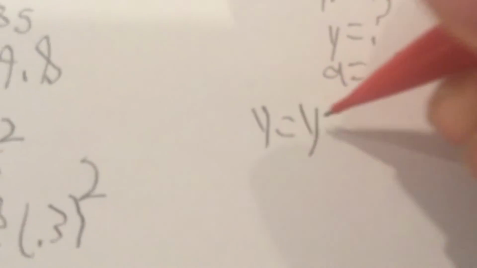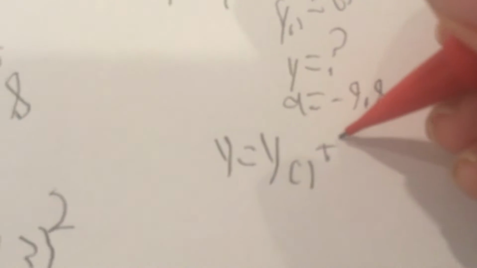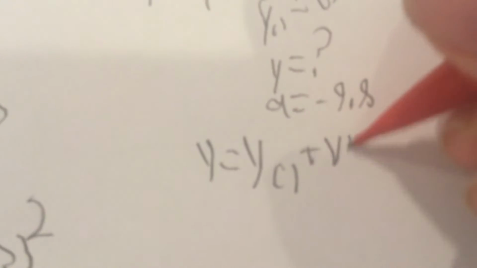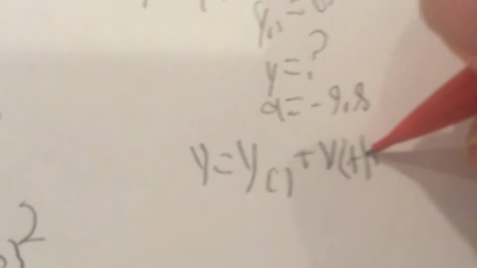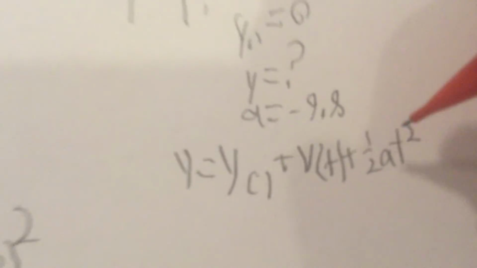We're looking for the stone's position, y, and we know acceleration equals negative 9.8. So now we can use the equation y equals y naught plus vt plus 1/2 at squared.